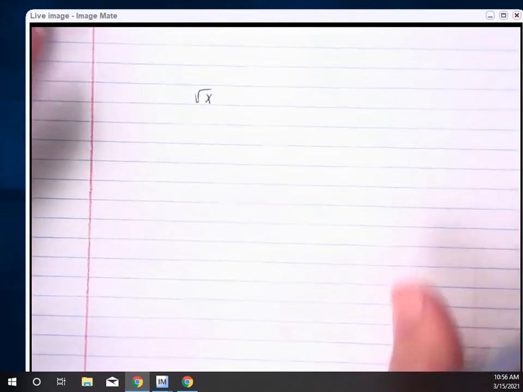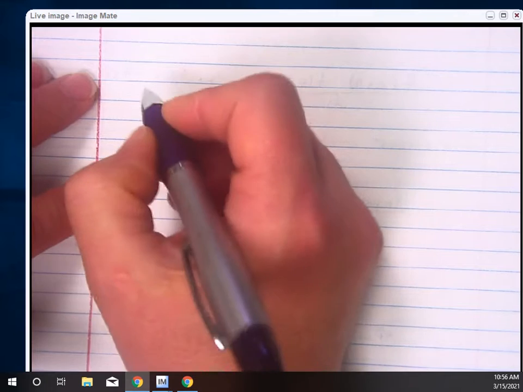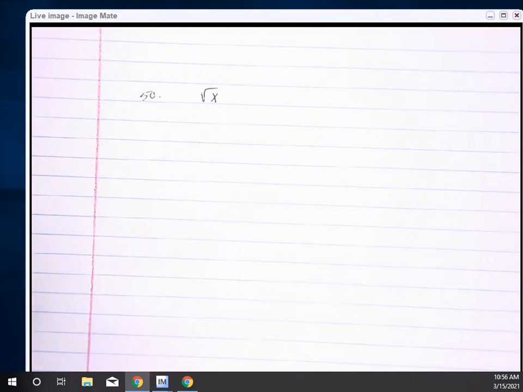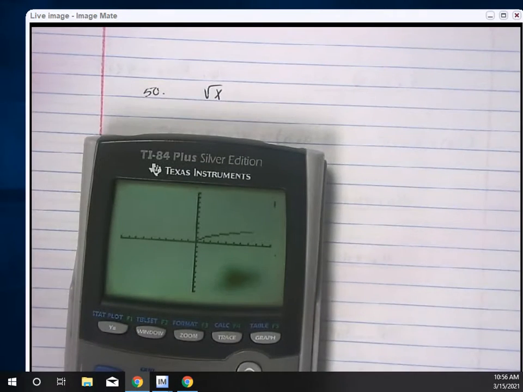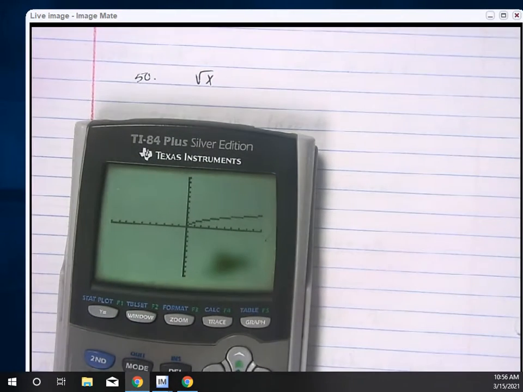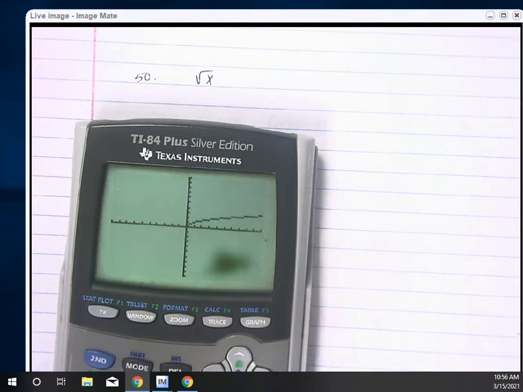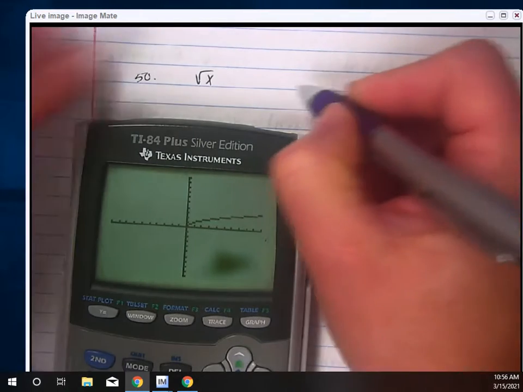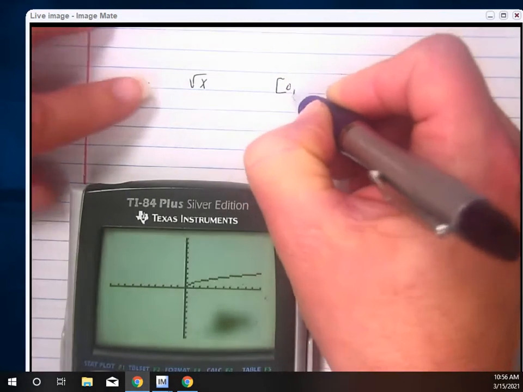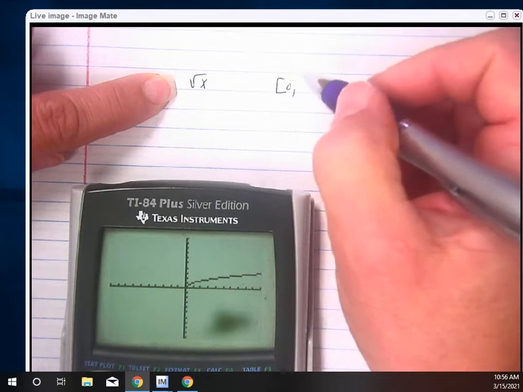What's the domain? Square root of x, graph. What's the domain? Zero to infinity. 0 can be in, so we're going to have the bracket.